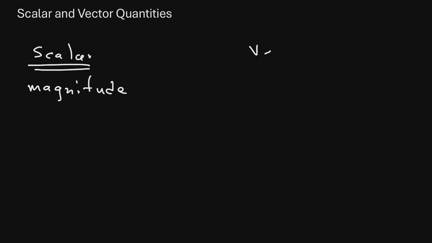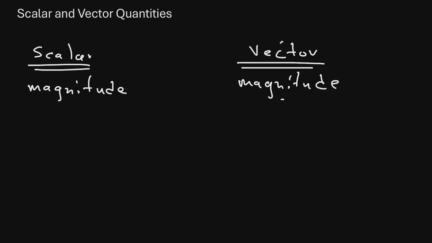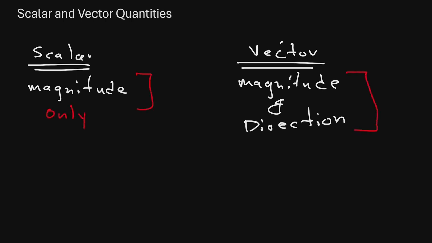And a vector quantity is a physical quantity that has magnitude and direction. So the difference between a scalar and a vector is that a scalar only has magnitude, but a vector has both magnitude and direction.